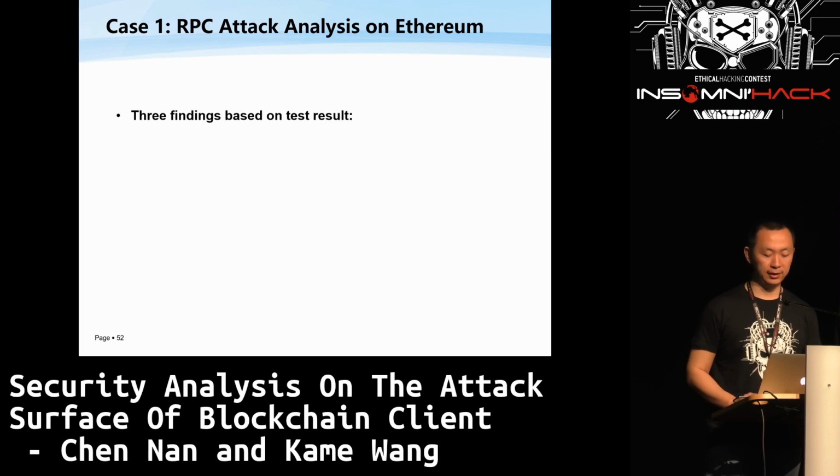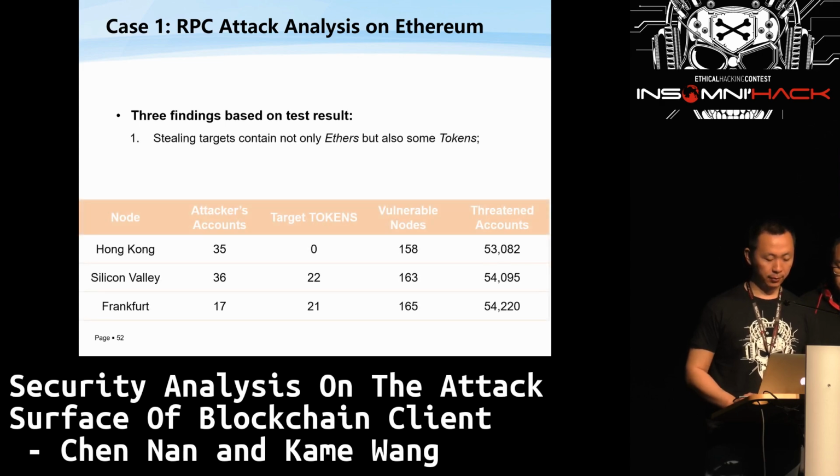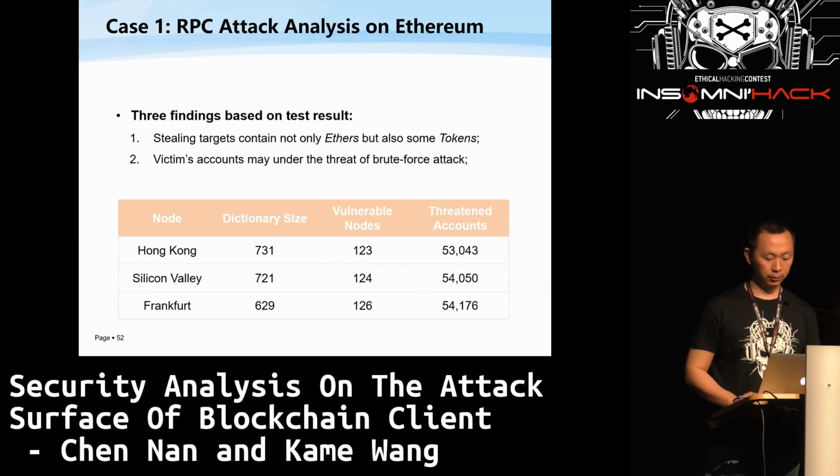If we make a deeper study into the test results, we can conclude three findings. Number 1, the stealing targets contain not only ethers, which are the major digital currency issued by Ethereum, but also tokens which are implemented by the smart contract languages of Ethereum. Number 2, victim accounts may be under the threat of brute force attack.